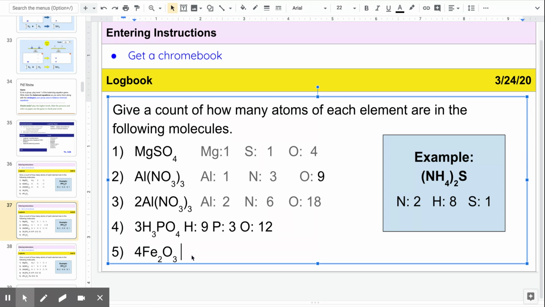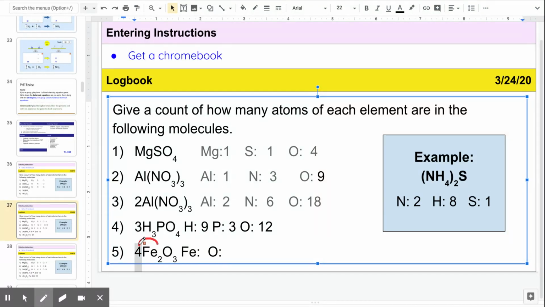Let's do the last one here. We're going to need to account for iron and account for oxygen for this iron 3 oxide. So again, we have our molecule here, Fe2O3, and from the coefficient in the front, I have 4 of those Fe2O3 molecules.